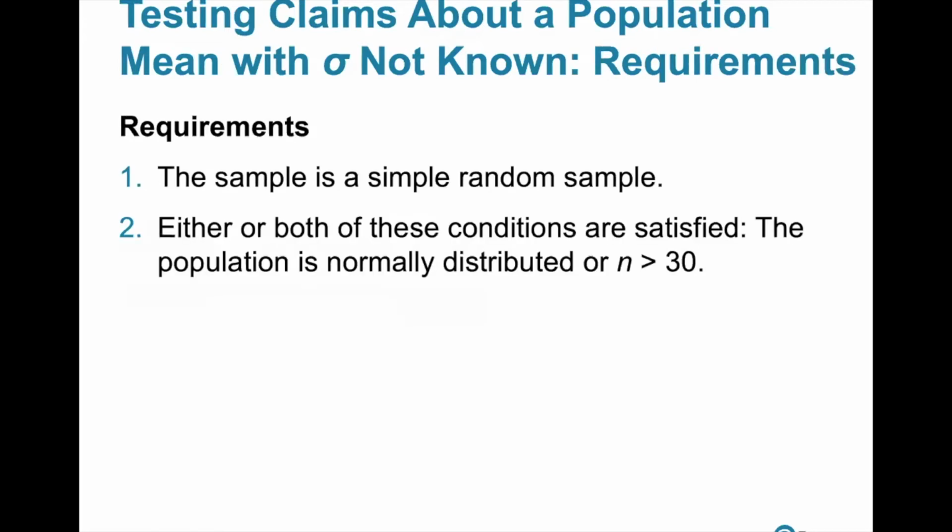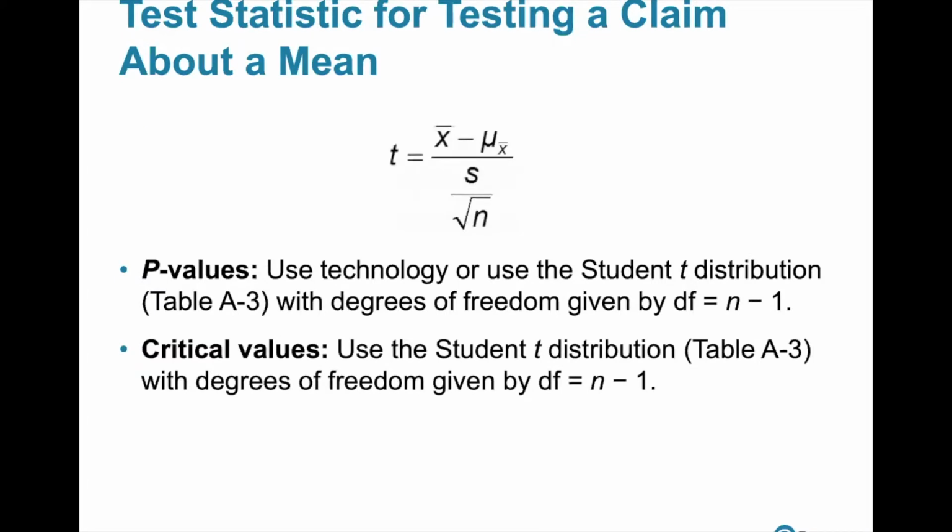The requirements for this type of hypothesis test: number one, the sample is a simple random sample, and either the original population is normally distributed or the sample size is larger than 30. This is the test statistic that we'll be using in the case when the population standard deviation is not known.